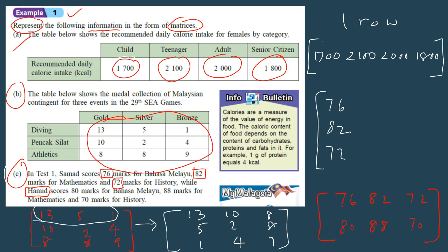And then for Hamid, 80 for BM, and then 88 for mathematics, and 70 for history. Okay, you can write like that, either way.